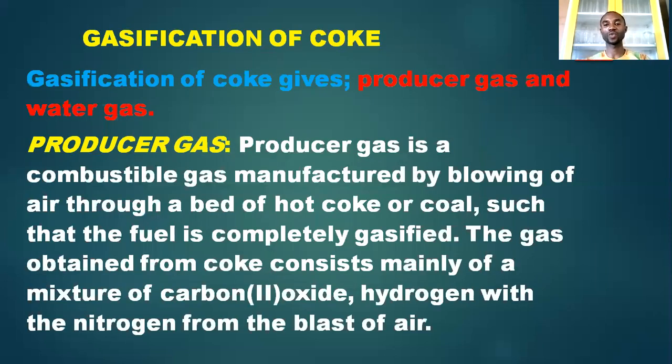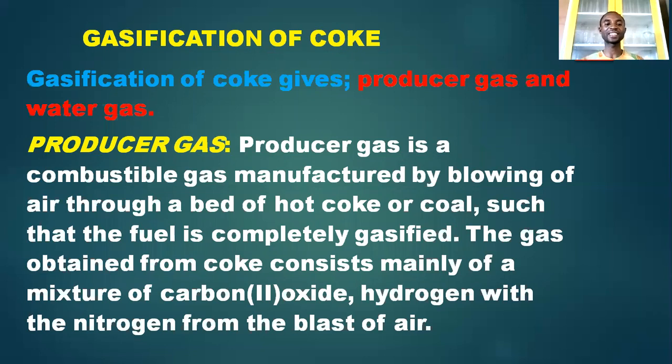The next thing is gasification of coke. We have talked about coke, what it is. So in gasification of coke, we're going to look at producer gas and water gas. What is producer gas, first of all?